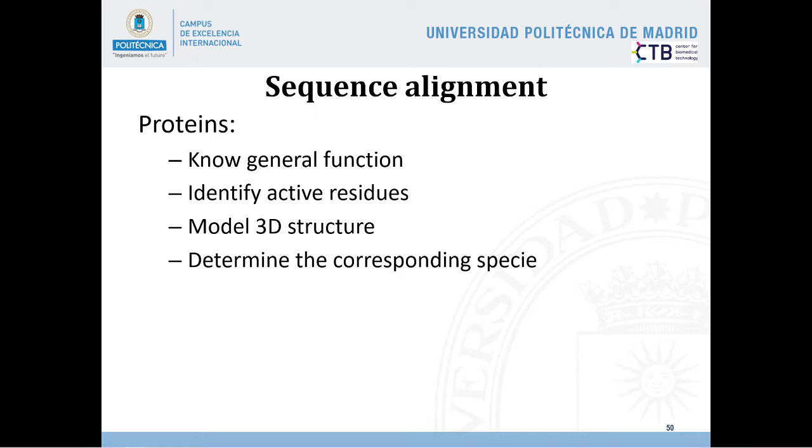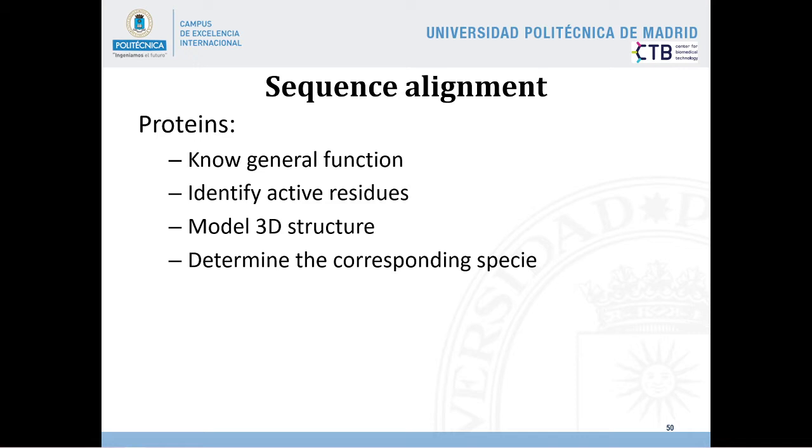Because the sequence in the protein will lead to the different domains, different catalytic residues, okay? If we have two very similar sequences, the domains that we are obtaining will be the same.